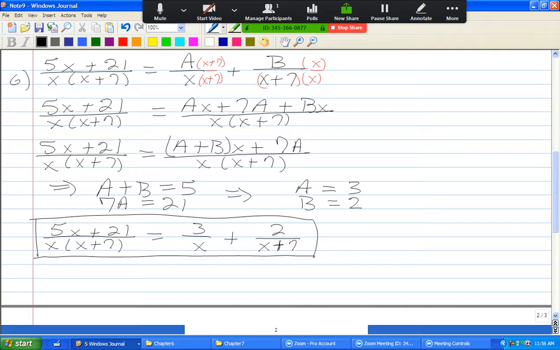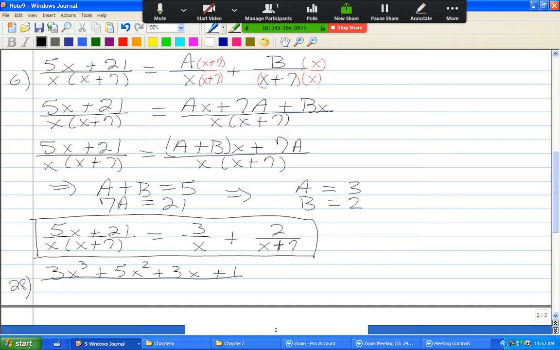Okay, let's do problem number 28. So problem 28, 3x squared, no, 3x cubed, sorry. 3x cubed plus 5x squared plus 3x plus 1 over, why am I looking?